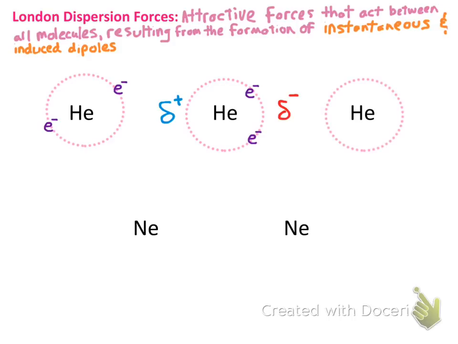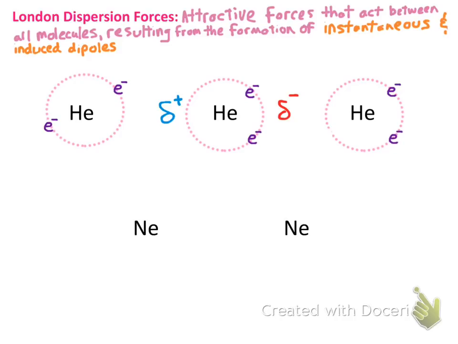So imagine now that this partial negative end of a helium interacts with another helium with its two electrons. What's going to happen to those two electrons if there is a negative electrostatic charge interacting with them? Are they going to flock toward it, over here, or away from it, over there. You got it! They're going to tend to move away from that negative charge, because we know negative charges repel negative charges.